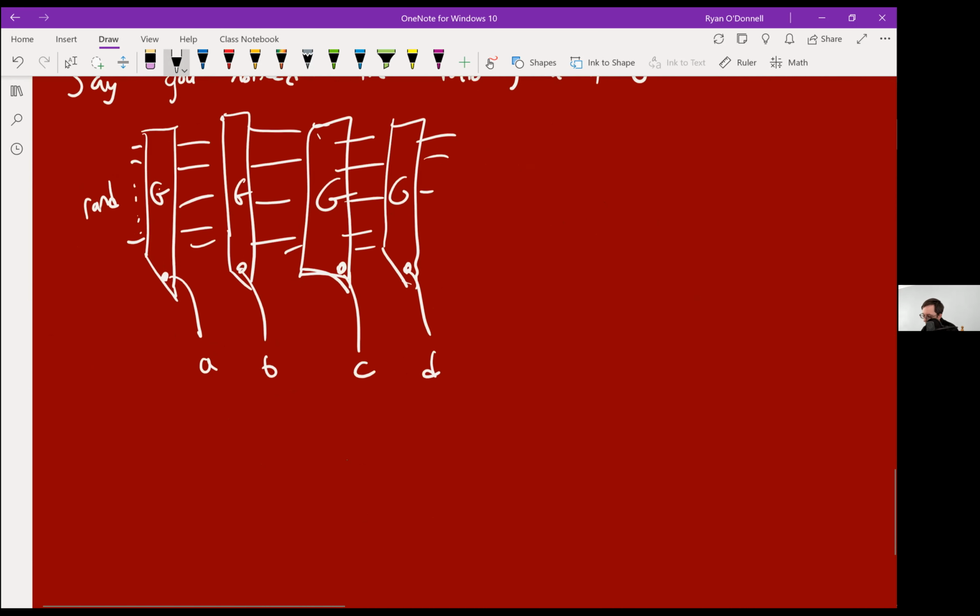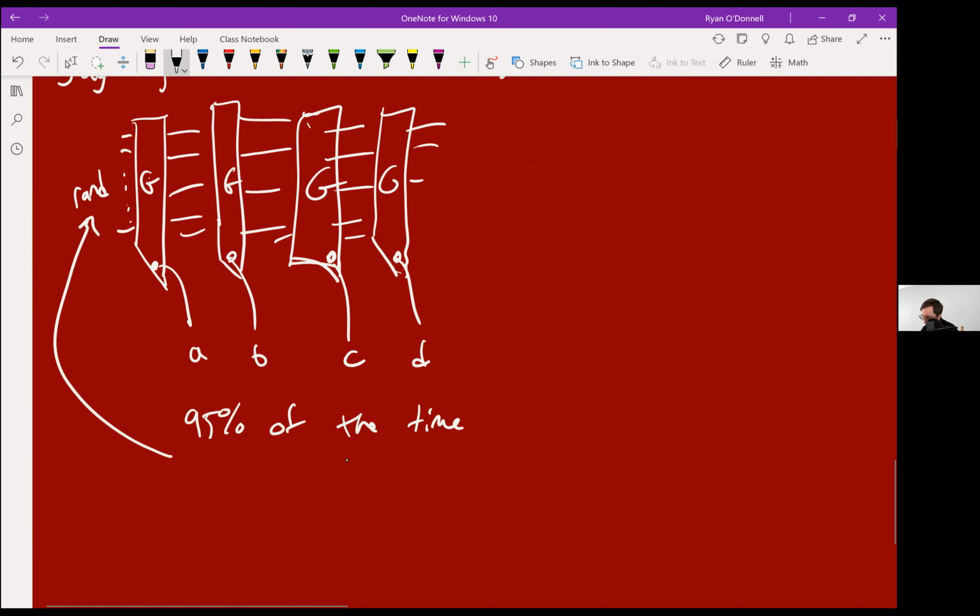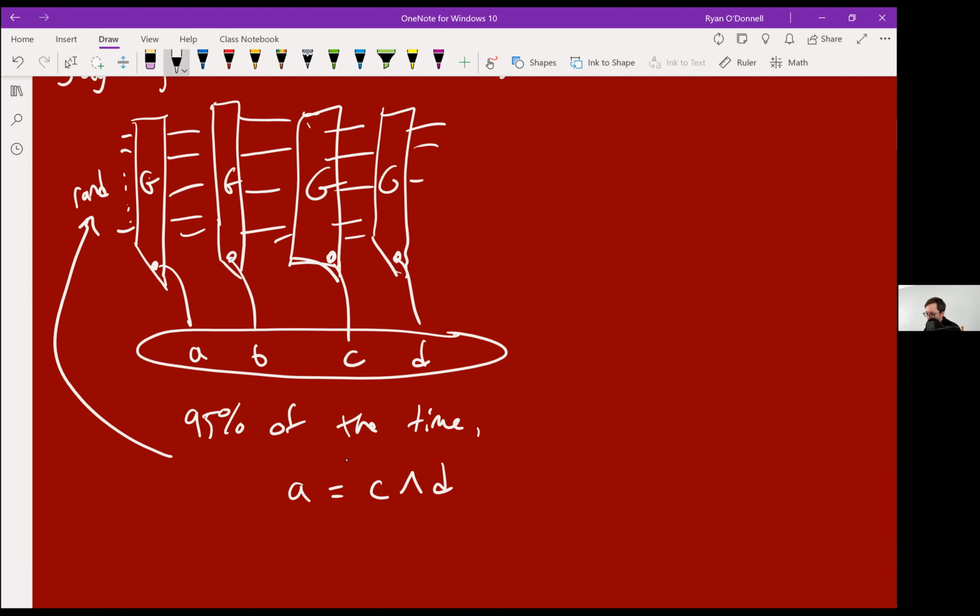Maybe you noticed, weirdly, that 95% of the time, with respect to these random bits, A equals the AND of C and D. And you're like, that's weird. If these bits were truly random, this would happen 50% of the time.